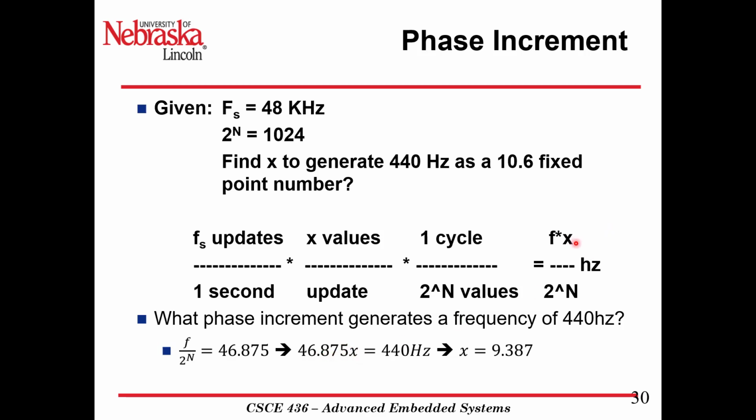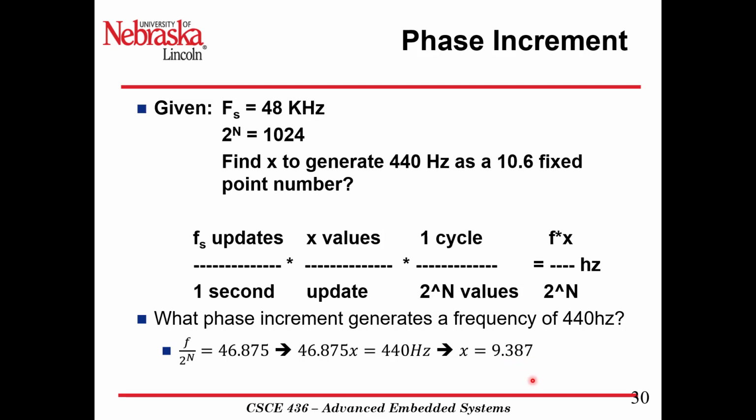Our frequency is sample rate times X over 2^n hertz. On the left hand side of that we have 440 hertz, and then we combine the sampling frequency and our 2^n values to get 46.875. And we divide it out, we get an X value of 9.387.